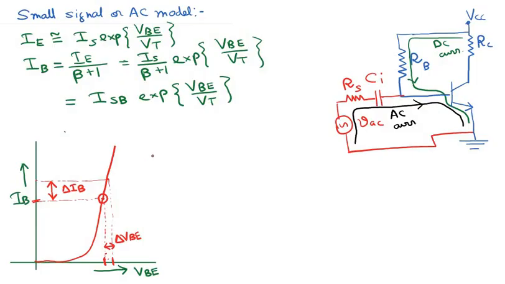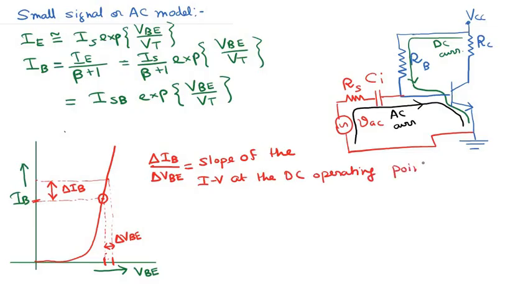So delta IB divided by delta VBE is equal to the slope of the IV characteristics of the base at the DC operating point.